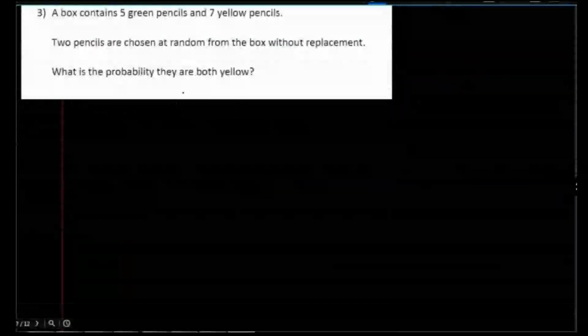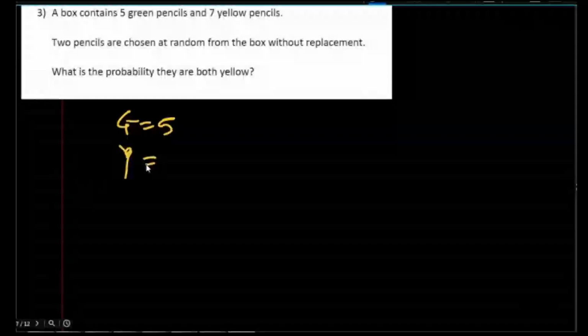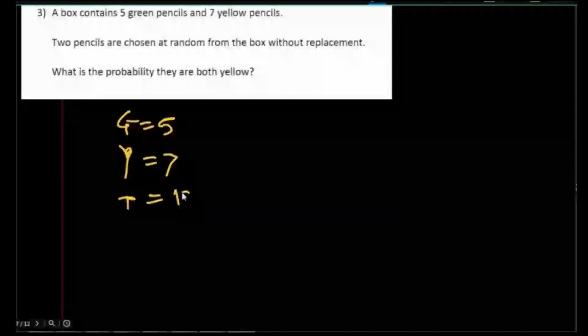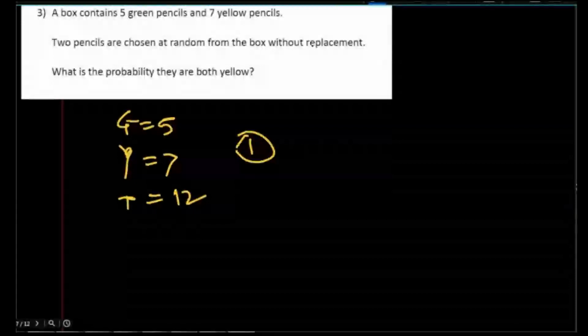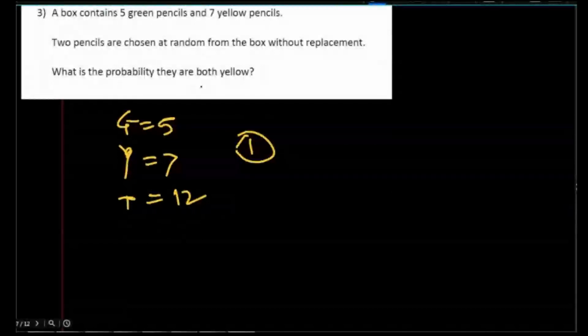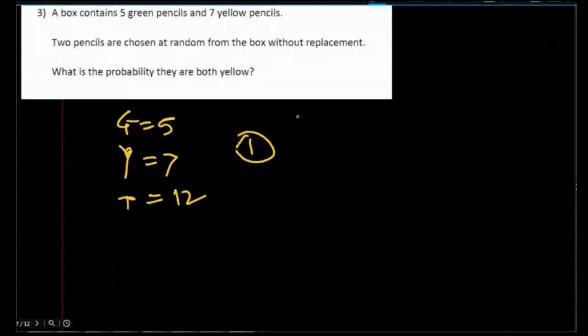Okay, now the next question. Now quickly solve this. A box contains 5 green and 7 yellow pencils. Total are 7 plus 5, 12. Two pencils are chosen at random from the box without replacement. What is the probability that they are both yellow?